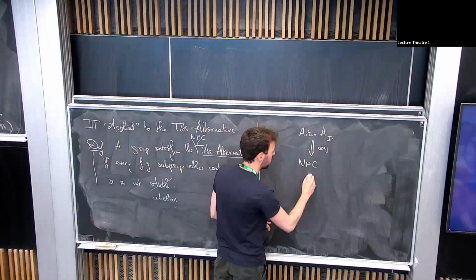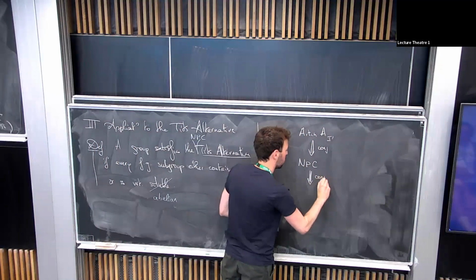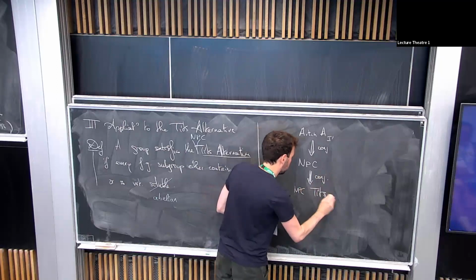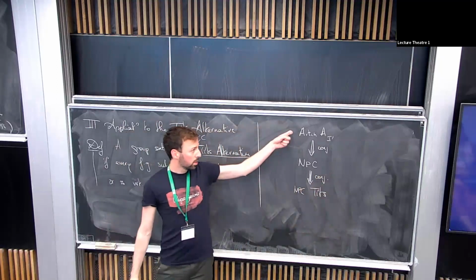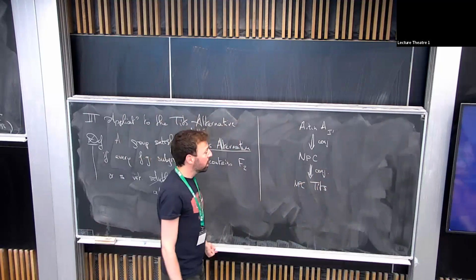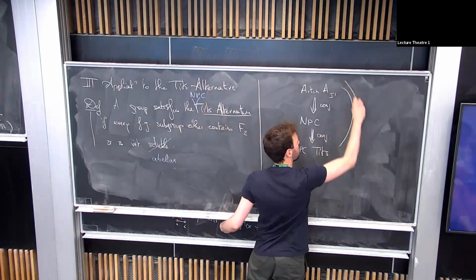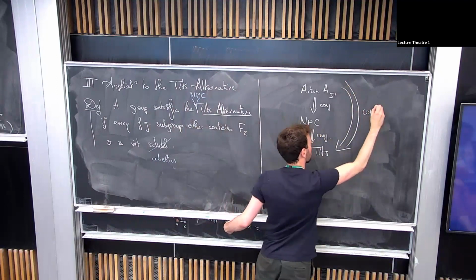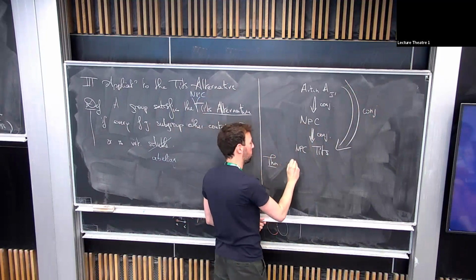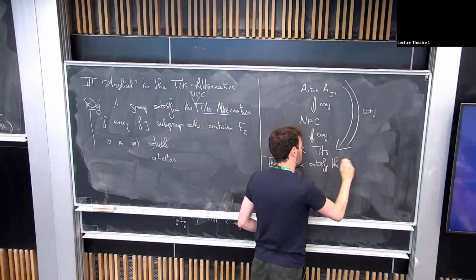And if you believe the Tits alternative in general, it's also conjectured that non-positively curved groups should satisfy the non-positively curved Tits alternative. So in particular, we could believe that Artin groups satisfy the Tits alternative in one way or another. It's open in general, but it's known in some cases that these Artin groups satisfy the Tits alternative.